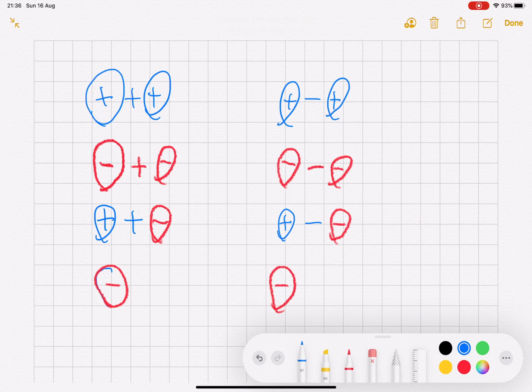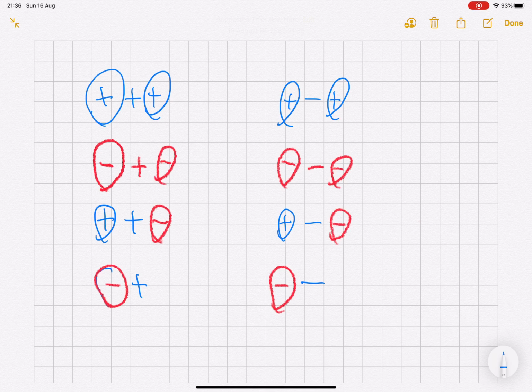And then use the blue as plus and minus and plus and plus.